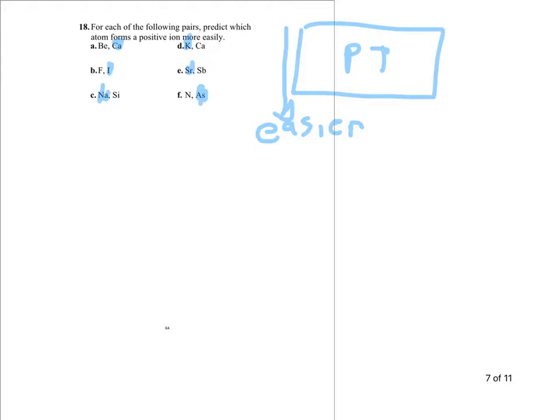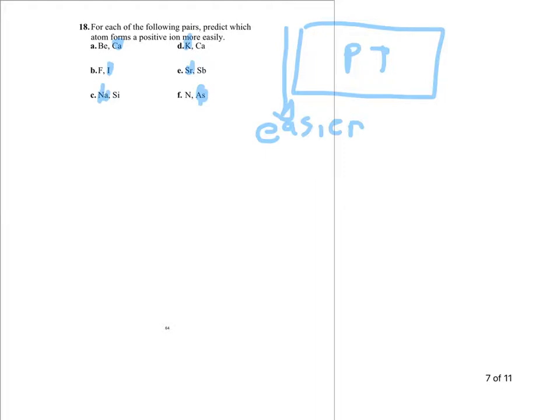So calcium, down lower in the periodic table, is going to form more easily. Fluorine and iodine, iodine farther down is going to be easier.